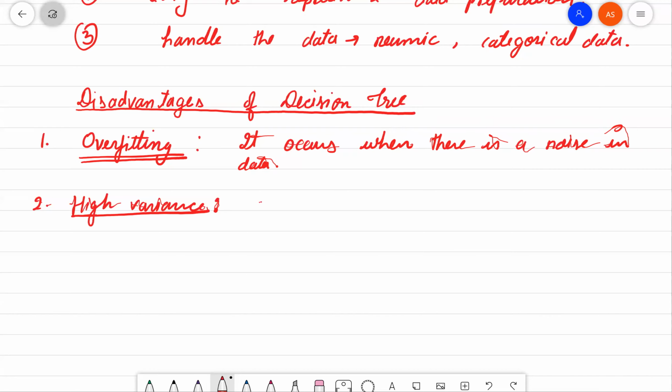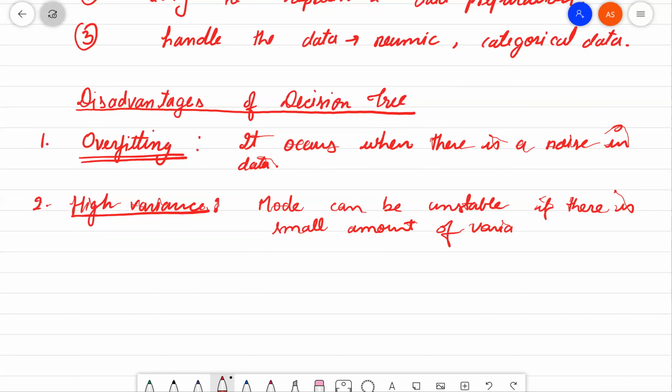So the model can be unstable if there is a small amount of variation in the data.